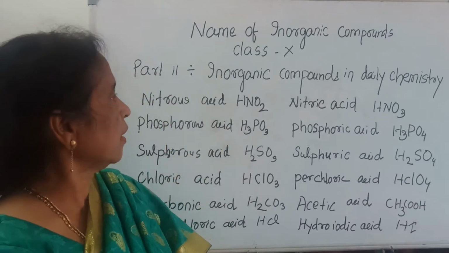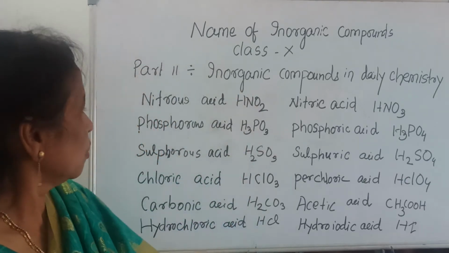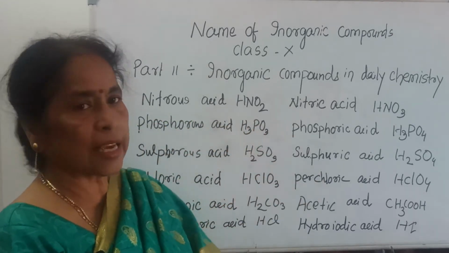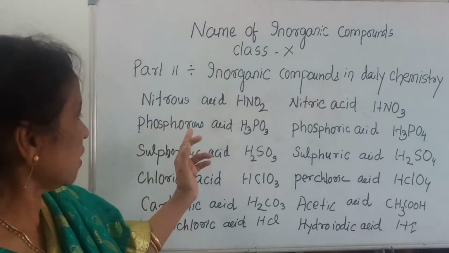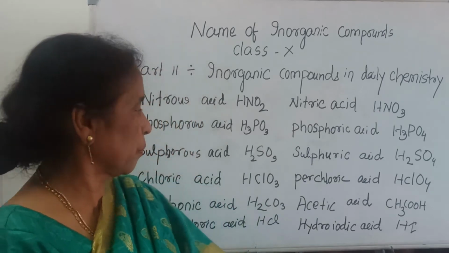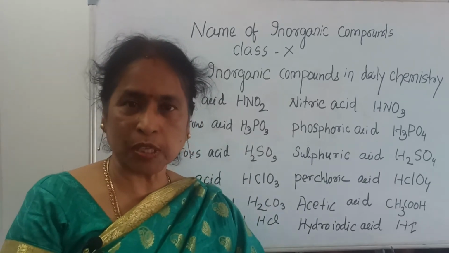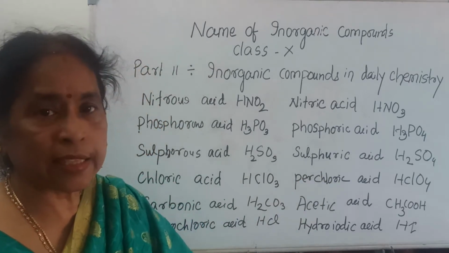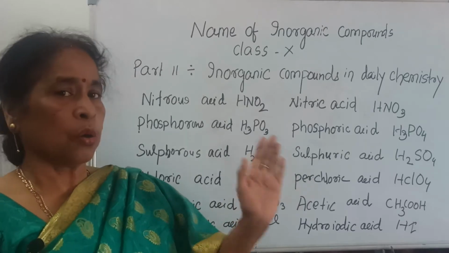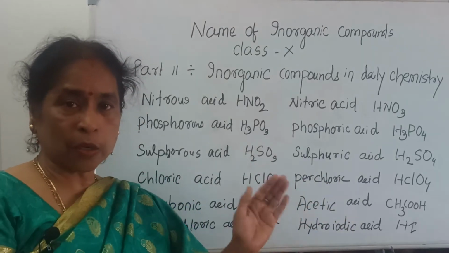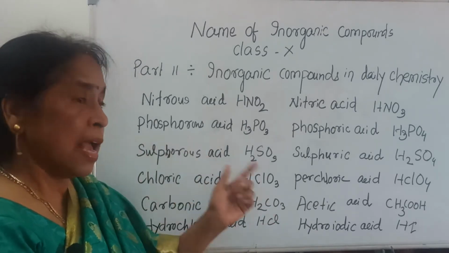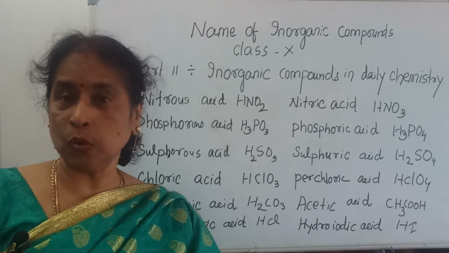Now in this part 11, these are the inorganic compounds you should remember: nitrous acid HNO2, nitric acid HNO3, phosphorous acid H3PO3, phosphoric acid H3PO4, sulfurous acid H2SO3 and sulfuric acid H2SO4, chloric acid HClO3, perchloric acid HClO4, carbonic acid H2CO3, acetic acid CH3COOH.